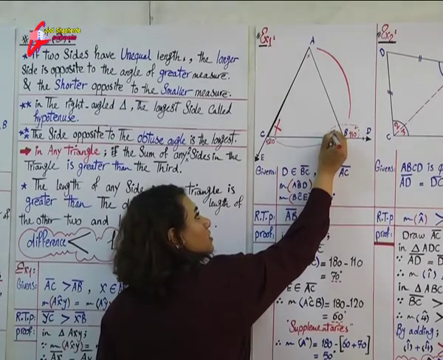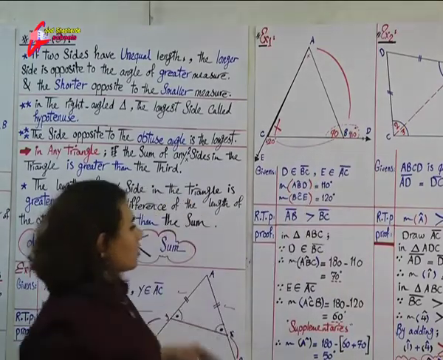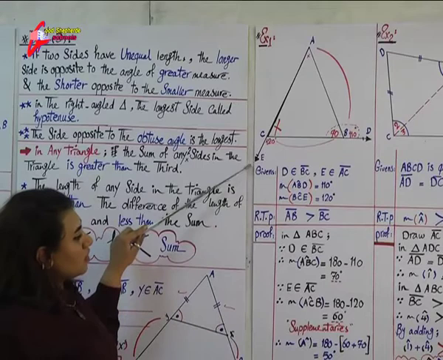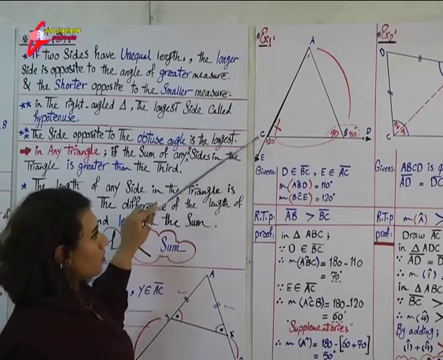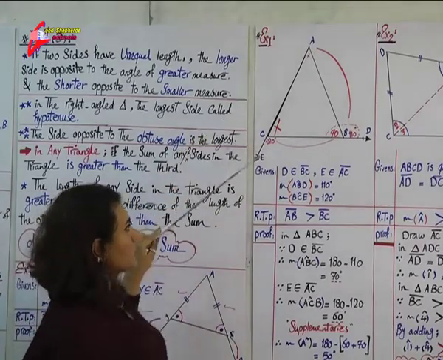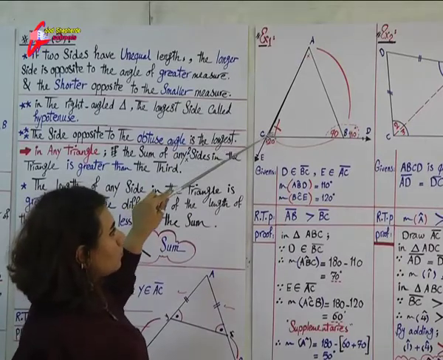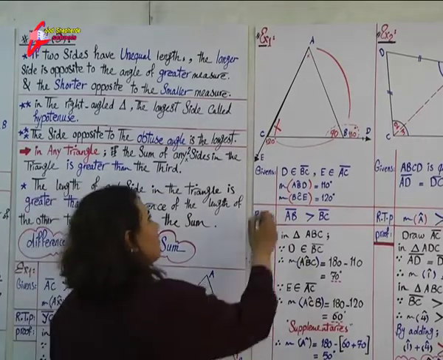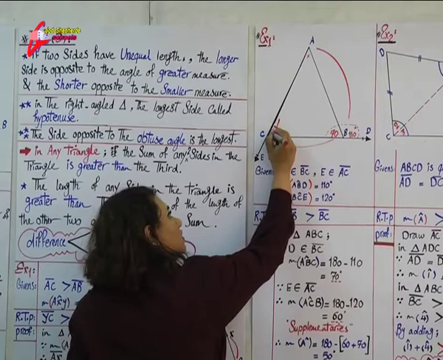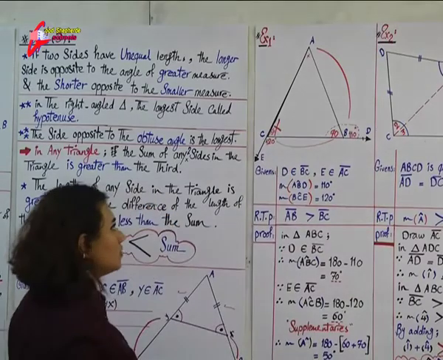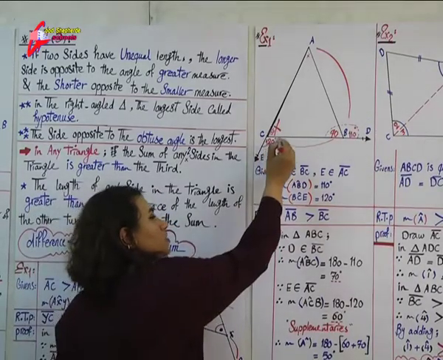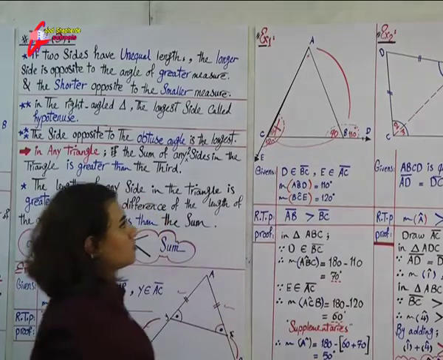If this angle is 70, also since E is a point belonging to AC, then this part will be 180 minus 120, and we get this part is 60 degrees. Both of them are supplementary.